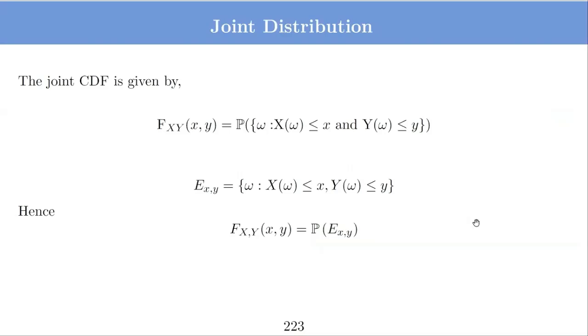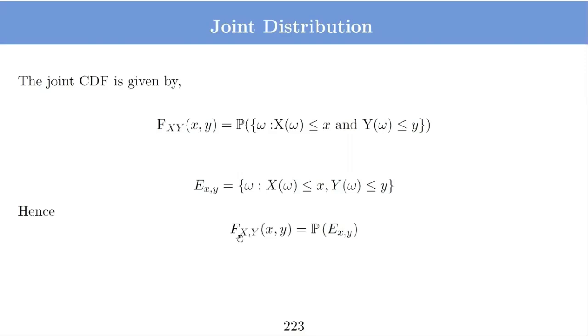So the joint CDF of x comma y at x comma y is equal to probability of all omega such that x omega belongs to minus infinity comma x, which in other words means that x omega is less than or equal to small x, and y omega is less than or equal to small y. So probability of this would be the joint CDF of xy. And just notice, if you denote EXY as the pre-image of this set, then the CDF is just the probability of this pre-image set.